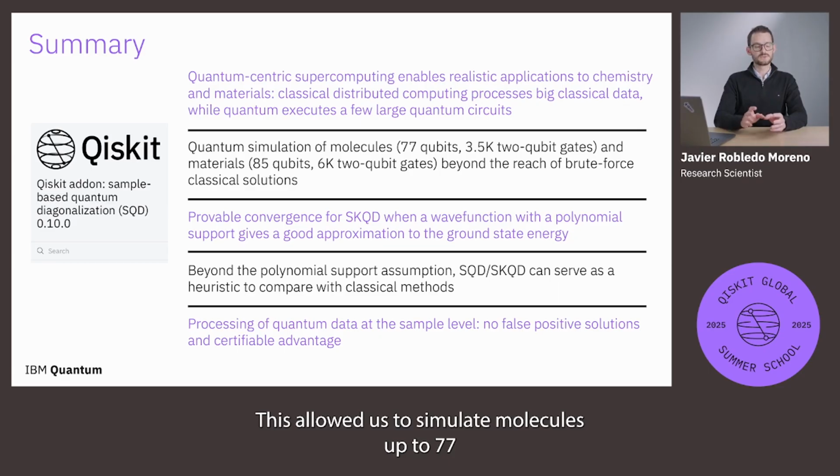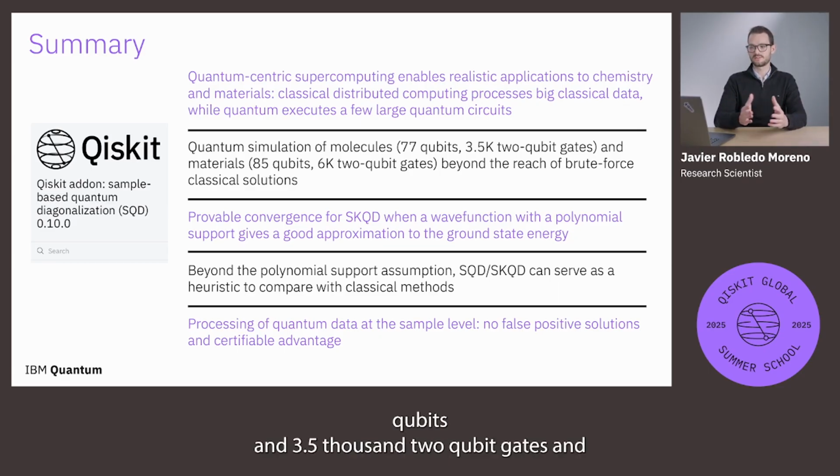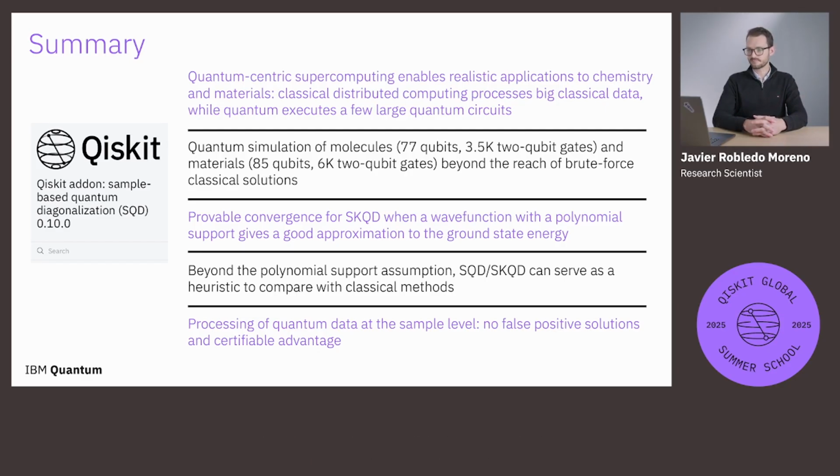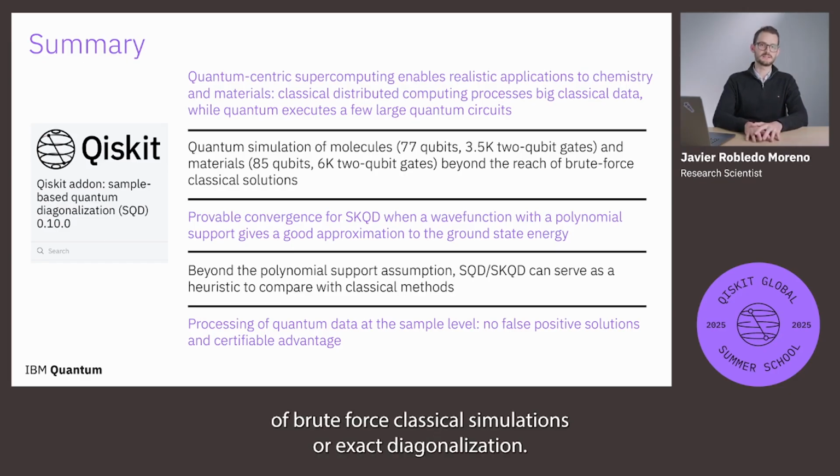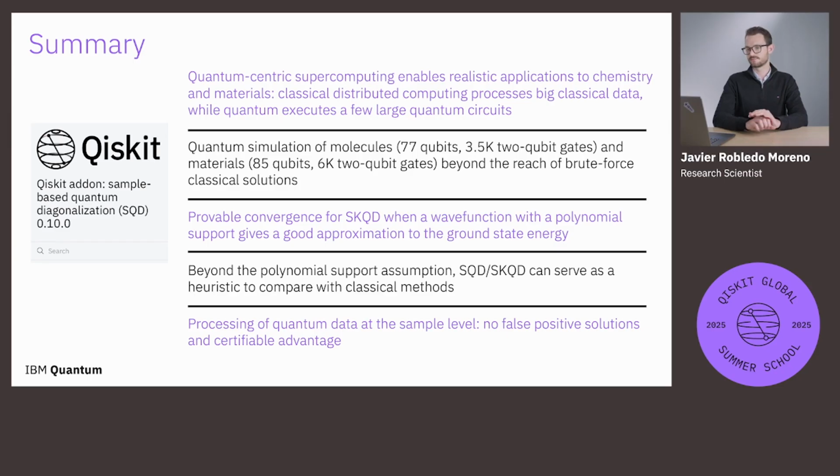This allowed us to simulate molecules up to 77 qubits and 3,500 two-qubit gates, and Hamiltonians related to materials up to 85 qubits and 6,000 two-qubit gates. And these systems are well beyond the reach of brute force classical simulations or exact diagonalization.